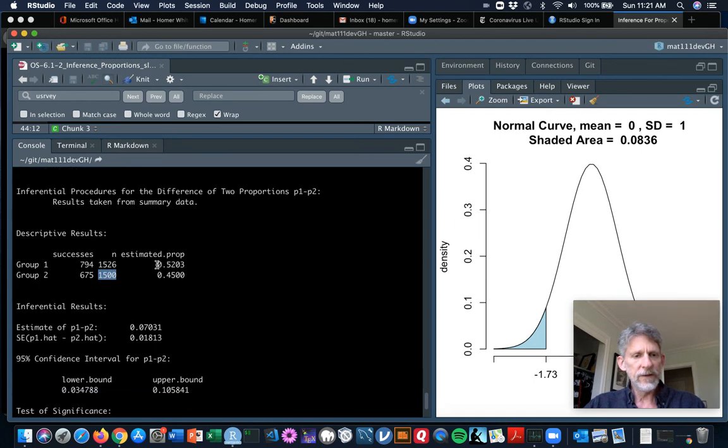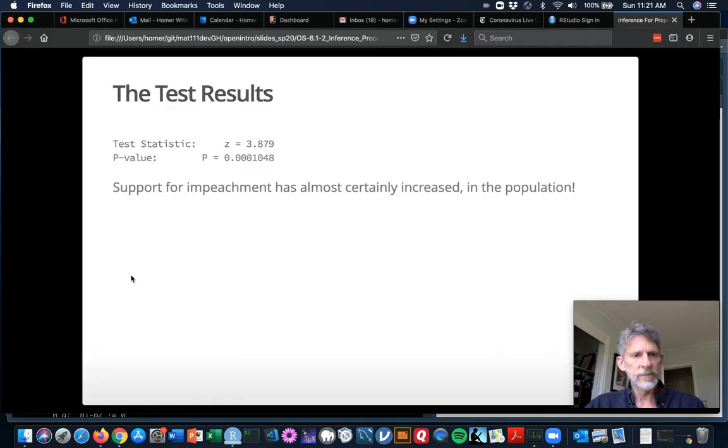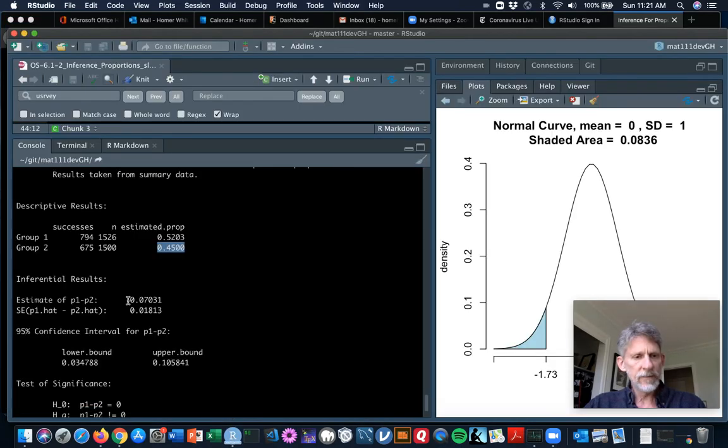And so you see the difference in the sample proportions here. The difference in the sample proportions, the 52% minus the 45%, comes to about a 7%. That's your best guess at what P1 minus P2 is. But that guess could be off by about 1.8% or so.